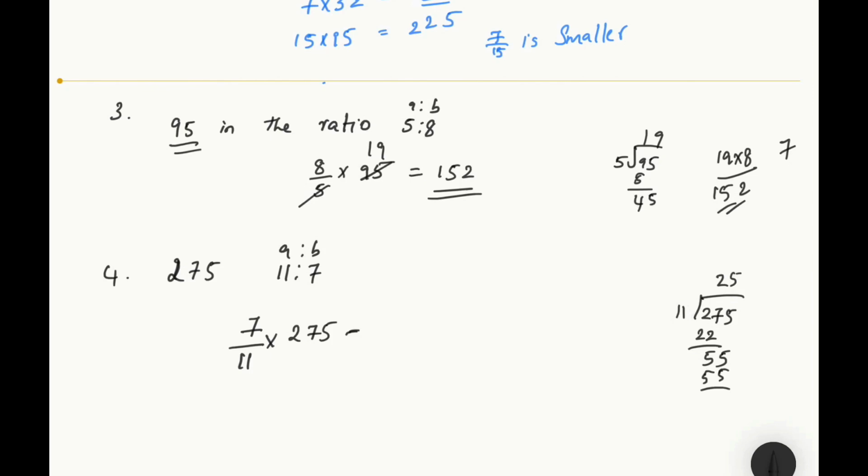How many times does 11 go? 5 times, 55, 0. So we get 25. We can cancel this. I'll get 25 into 7: 5 sevens are 35, 7 twos are 14, 14 plus 3 is 17. So we get the answer as 175.